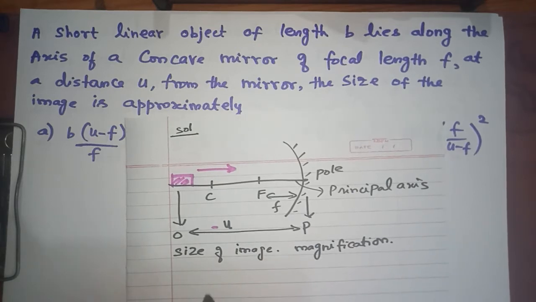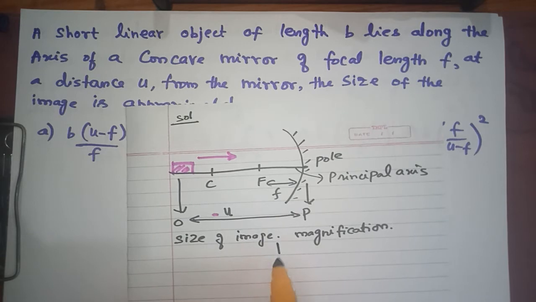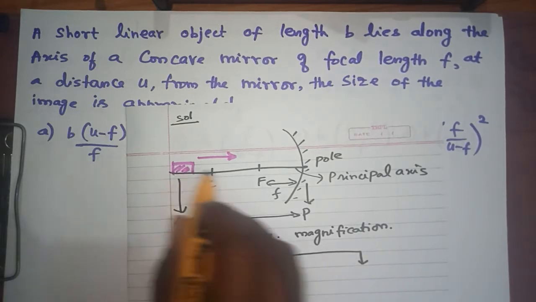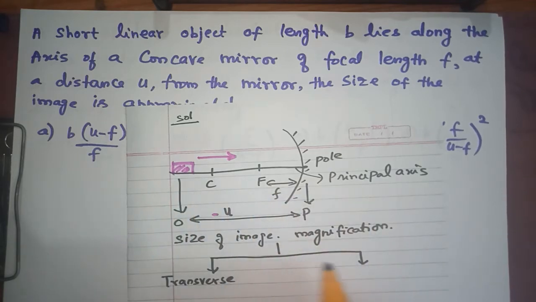In spherical mirrors, magnification has two different types: transverse magnification, which is lateral, and longitudinal magnification.